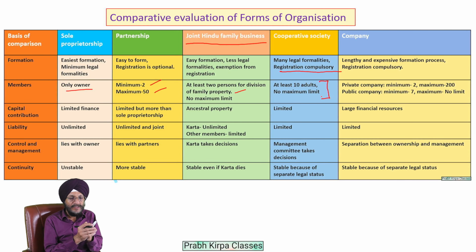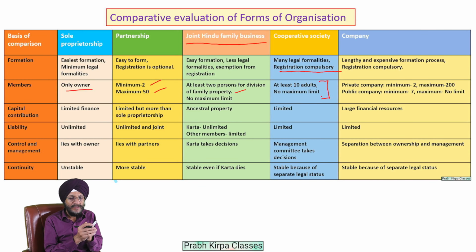In the case of a private company, the minimum number of shareholders or members is 2 and the maximum is 200. In the case of a public company, the minimum number of members is 7 and there is no maximum limit. As already told, Reliance Industries has 33 lakh shareholders on its rolls.